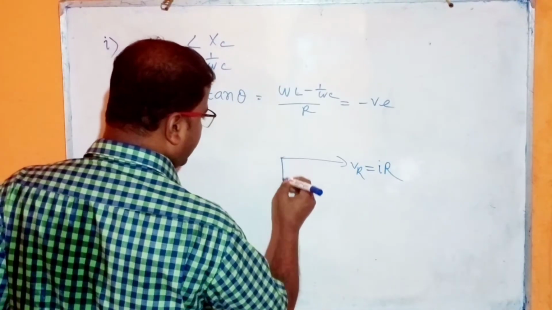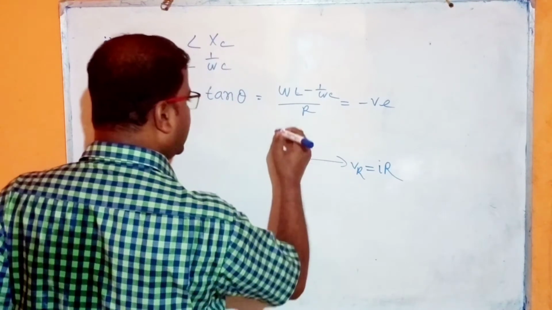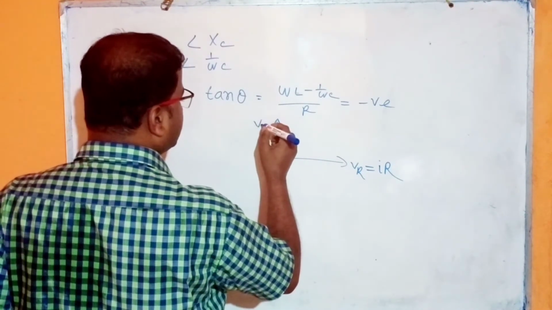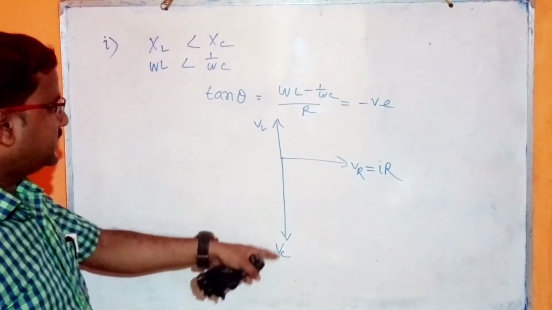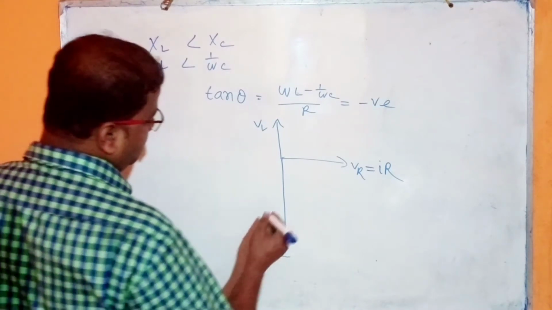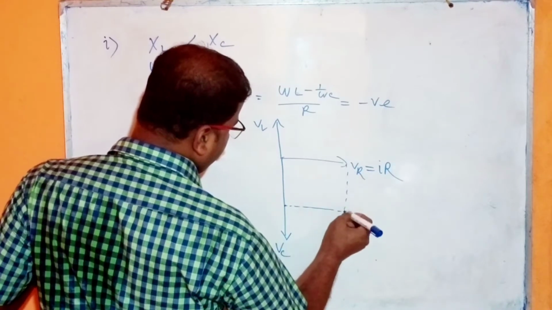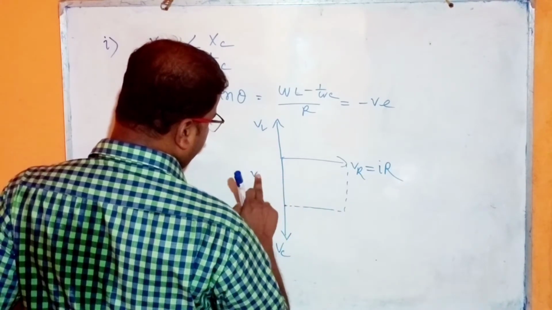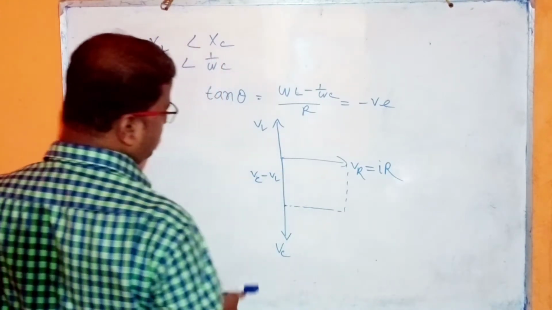Here VC is greater than VL, that is voltage across capacitance is greater than voltage across inductor, and the resultant voltage is Vc minus VL.